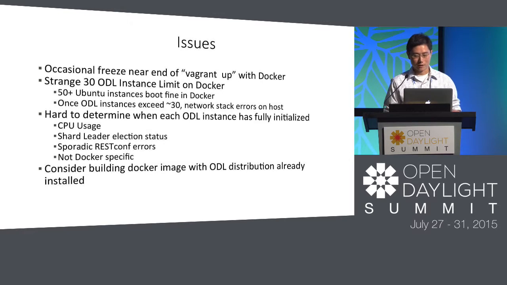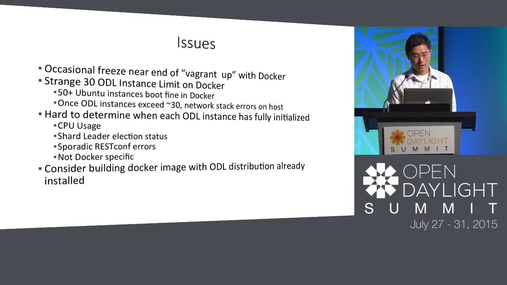You see the output going through trying to initialize various containers, but it just somehow gets stuck, whereas normally it goes through within seconds. When that happens, Control-C out of it, and now you have to bring down everything and then restart. Not sure exactly what was causing this, but this is an issue that I did not observe with VirtualBox.